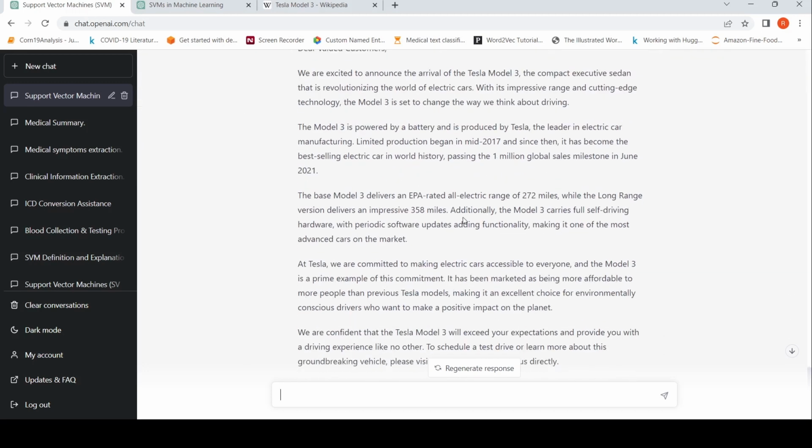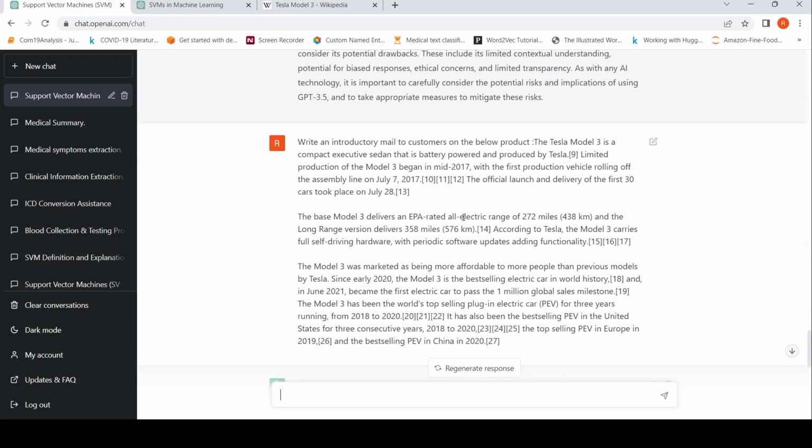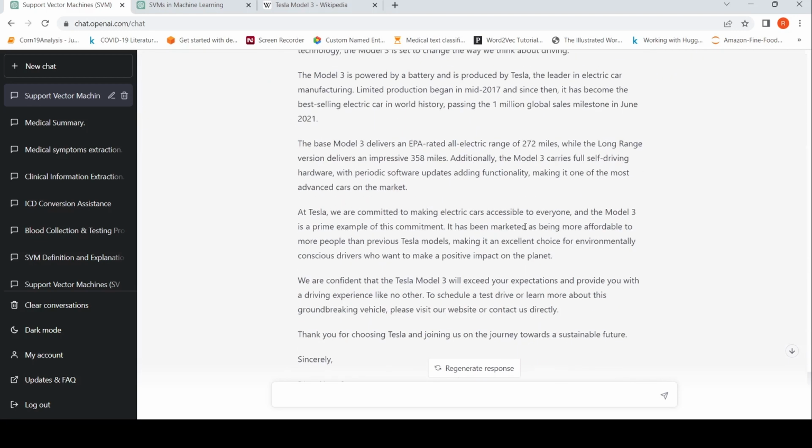Okay, past the 1 million mark. It talks about the range, 272, and an impressive 358 miles. Was it exactly 272 and 358? Okay, so I think those values are being correctly reproduced over here. Full self-driving, it talks about this as a prime example of commitment. Again, it has been marketed as being more affordable to people than previous Tesla models.